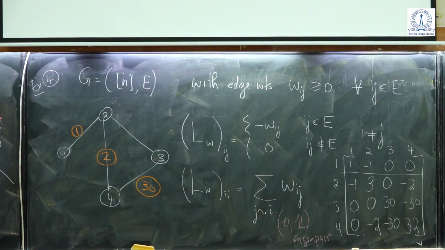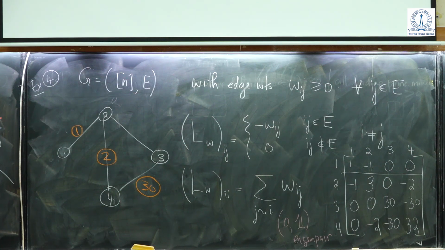What might be the proof? We are putting positive weights, so diagonals are positive, off diagonals are negative or 0.